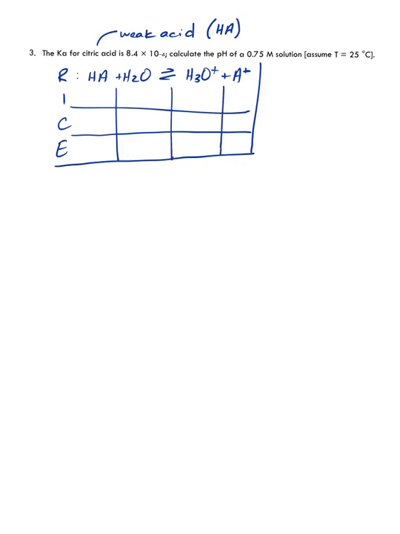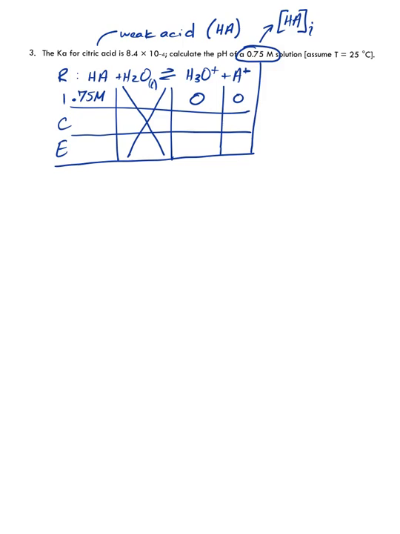I'm going to go ahead and cross out the water column because water is a pure liquid, so it doesn't participate in the equilibrium. So we can just cross it out and ignore it. We take the concentration that's given to us and we assume that this is the initial HA concentration. So our 0.75 molar will be here, and then we assume we start with zero dissociated.